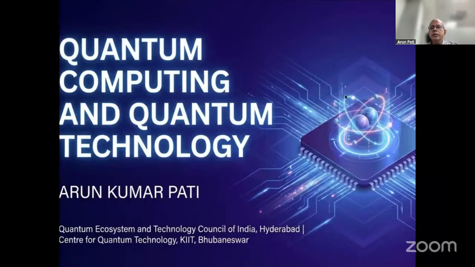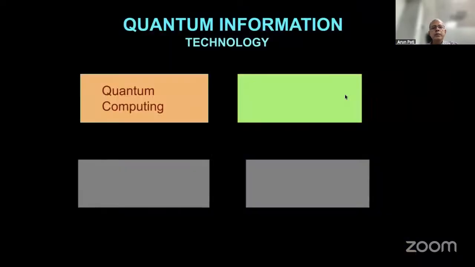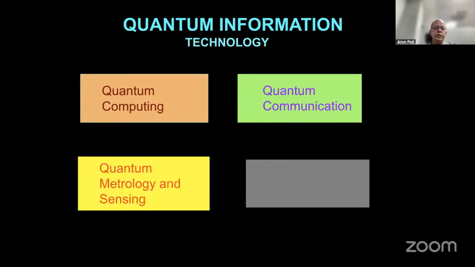Okay, so with that, let me start. When we talk about quantum technology, basically we have in mind three themes. One is quantum computing, one is to do with quantum communication, and quantum metrology and sensing, and quantum hardware and materials.